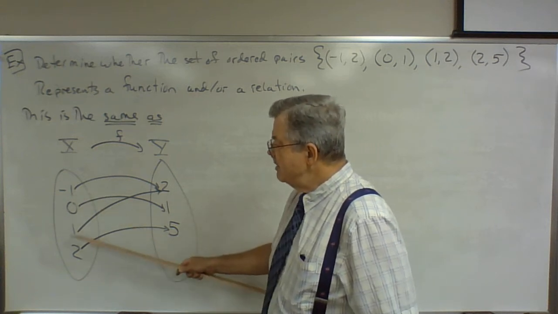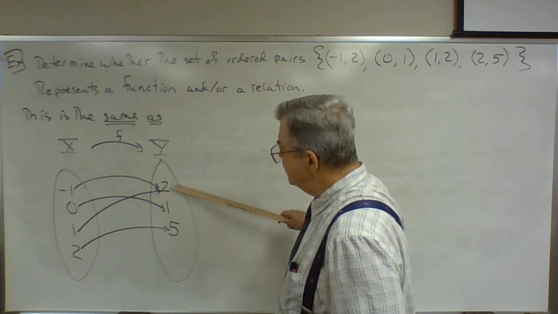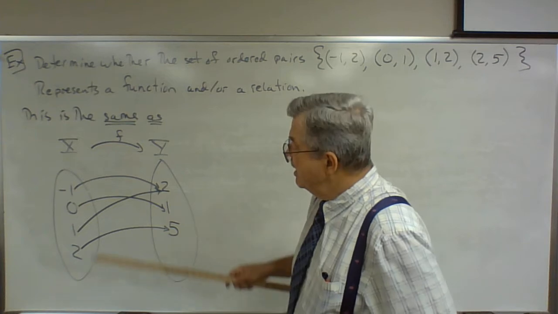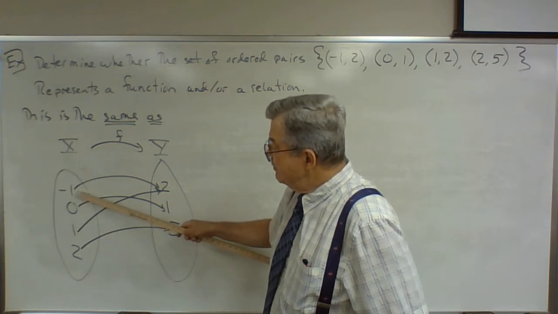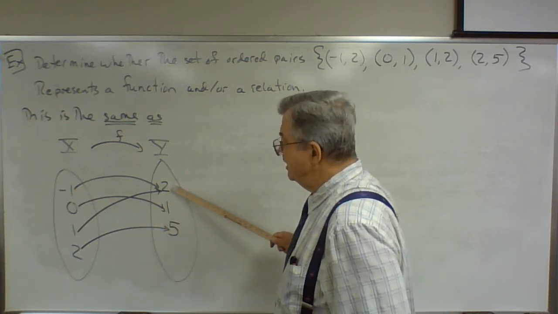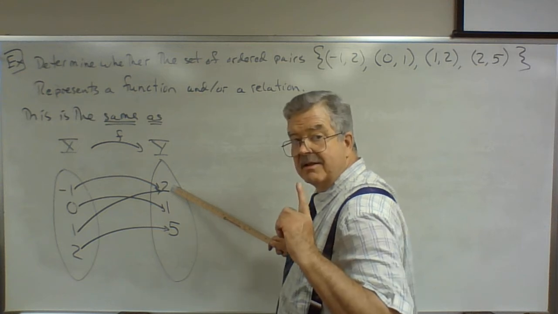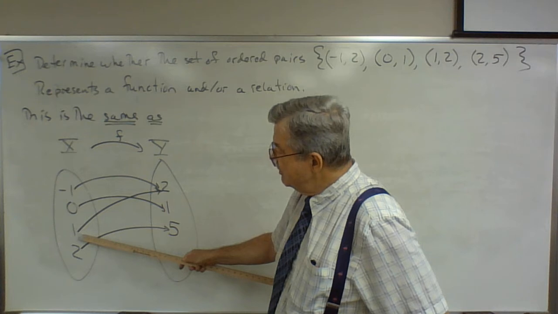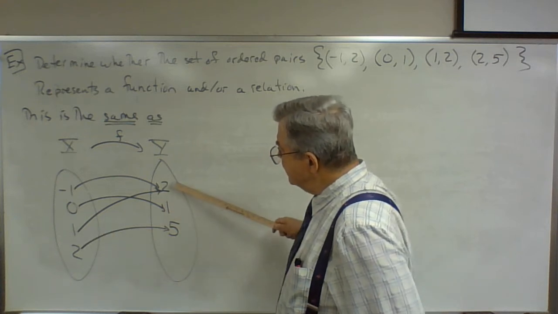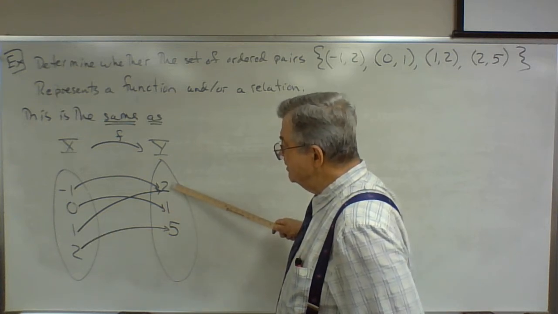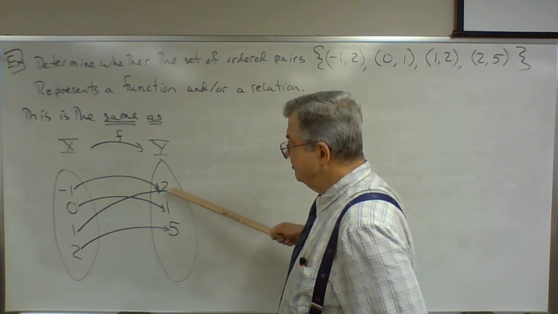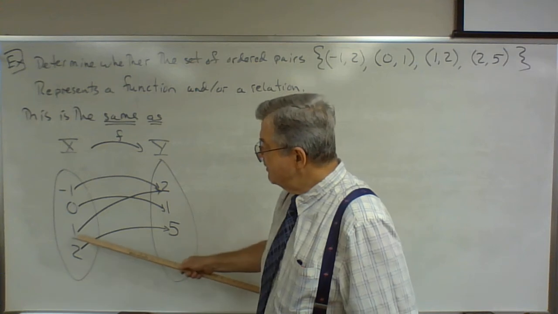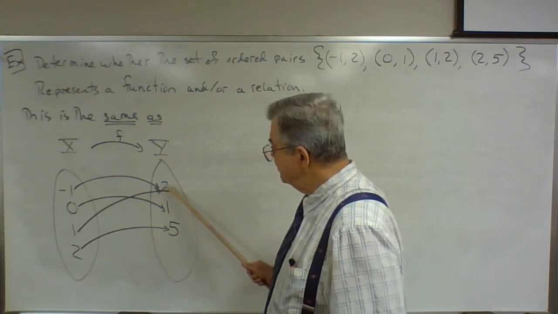Now, -1 and +1 are both assigned to the element 2 in the range, but that's okay. This element, -1, is assigned exactly one element from Y, the element 2, and this element in the domain, X, is assigned exactly one element in the range, 2. No problem. It's okay if these two guys get assigned to the same element.